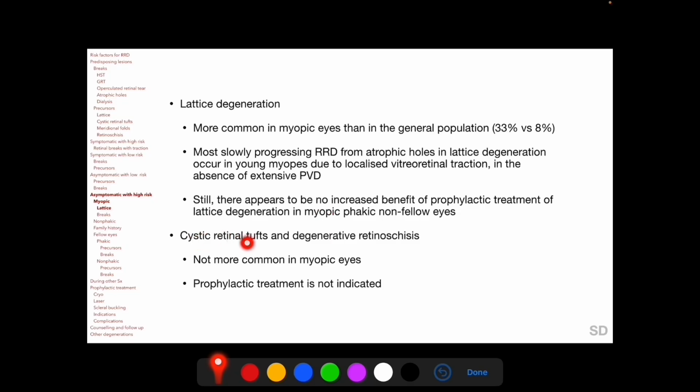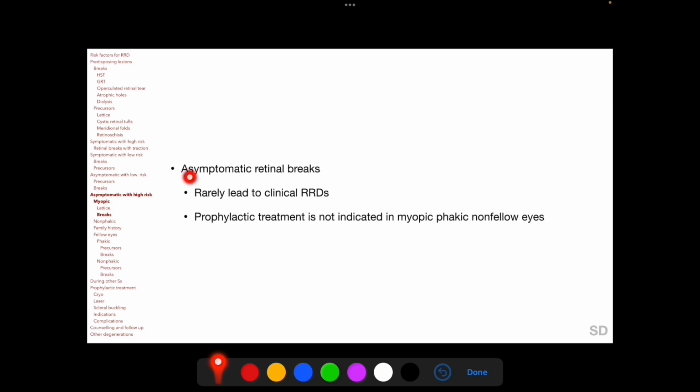Cystic retinal tufts and degenerative retinoschisis are not more common in myopic eyes, and prophylactic treatment of these lesions is not indicated in myopic phakic non-fellow eyes. Asymptomatic retinal breaks in myopic phakic non-fellow eyes rarely lead to RRDs, and so prophylactic treatment of these lesions is not indicated in these eyes.